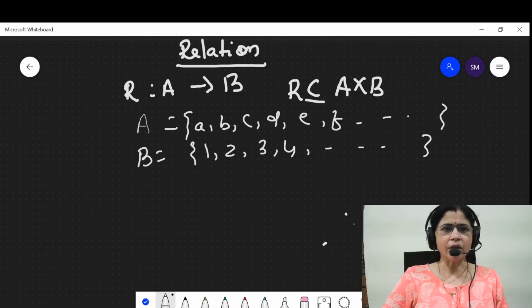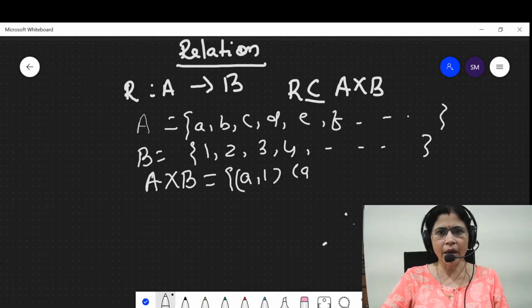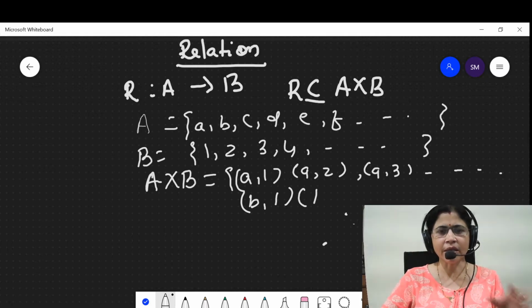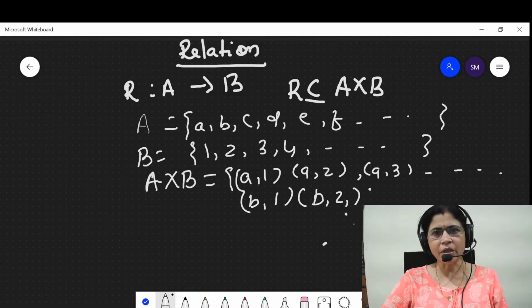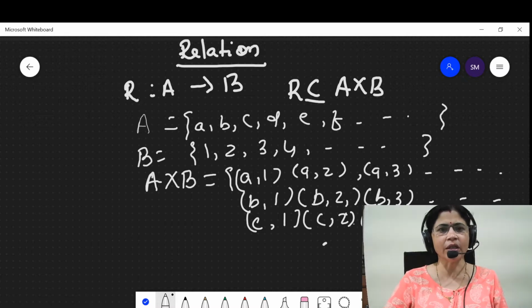Now consider what we mean by A cross B. A cross B can be written as A1, A2, A3 in this way, and B1. This is an infinite set, B2, because the natural number set is an infinite set. Then for B we also write like this, for C, then next for D. In this way we continue. This is an infinite set.